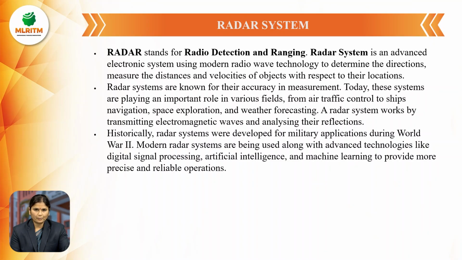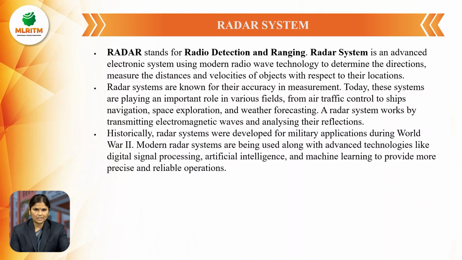Today, these systems play an important role in various fields: weather forecasting, space exploration, military applications, and traffic control, etc. The radar system works by transmitting electromagnetic waves and analyzing their reflections.